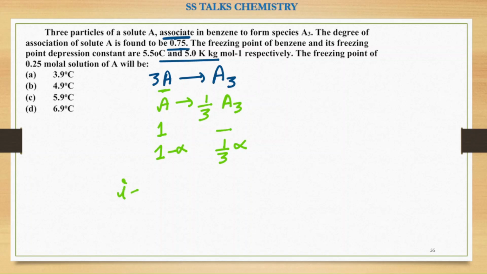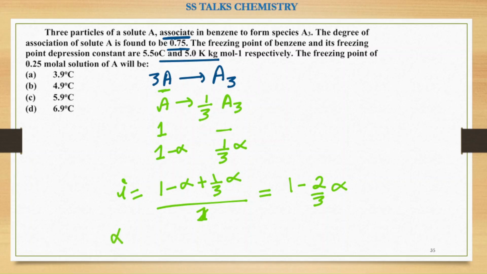The I value will be the sum of the moles present, which is 1 minus alpha plus 1 by 3 alpha, upon the initial 1, because 1 mole of it we have taken. Solving this we get 1 minus 2 by 3 alpha. This is the I value.